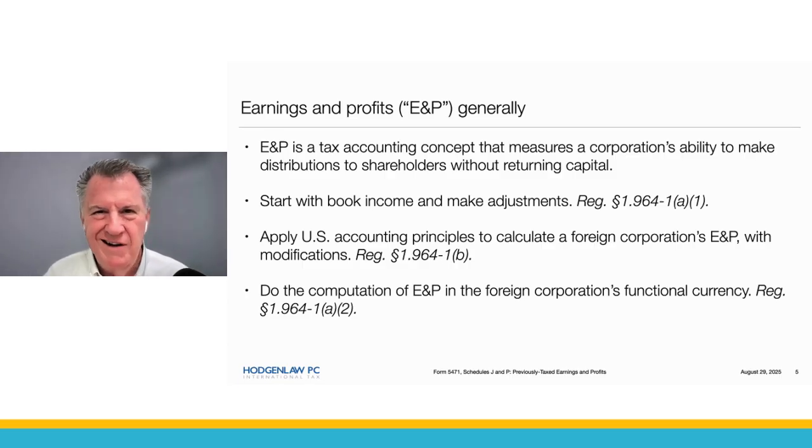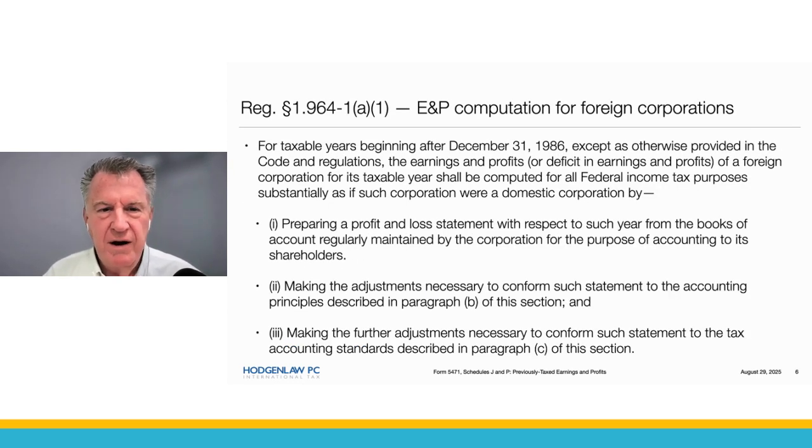So basically, if you know how to do earnings and profits for a domestic C corporation, you're in the game here with the CFC too. It's no biggie. Just a page of regs, just so you have it. So this gives the general rule for how it works. Nothing I haven't already said.